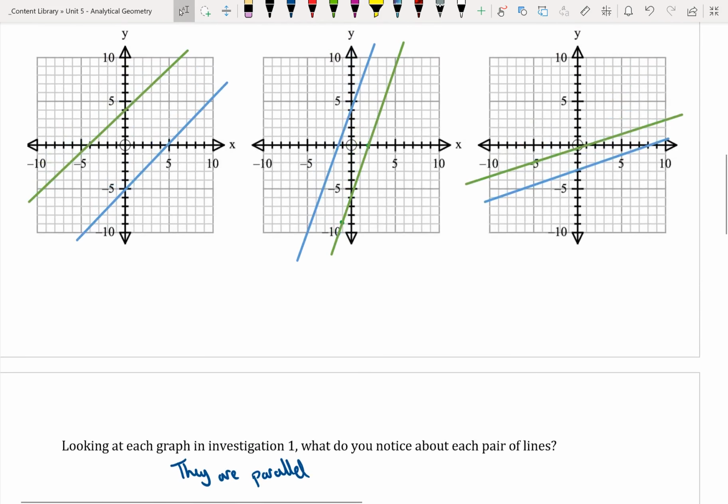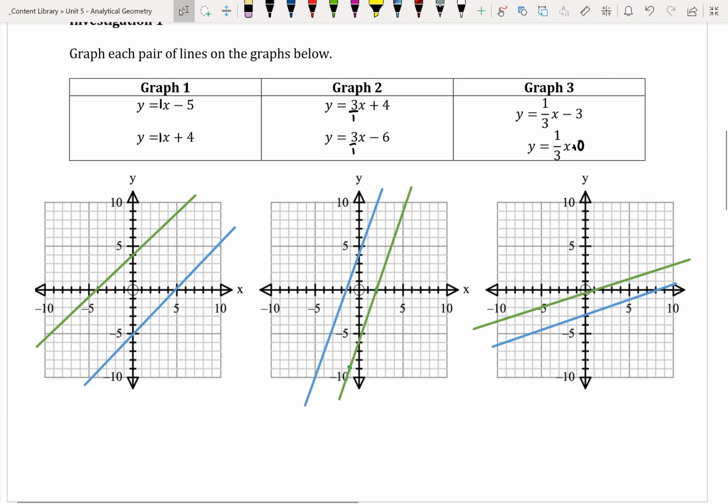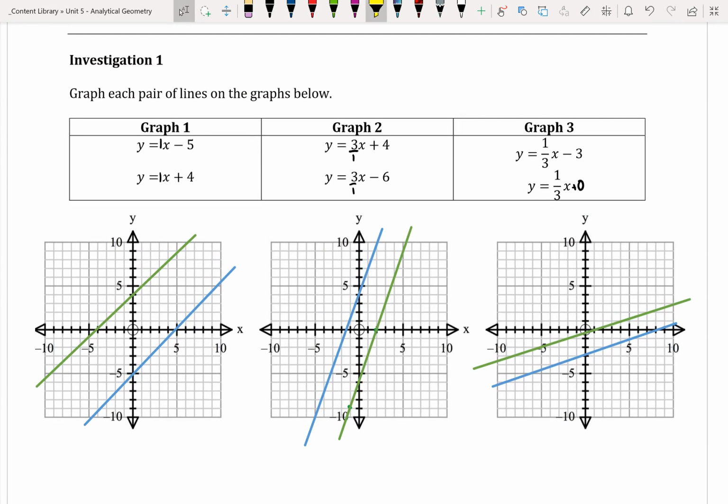Now what we want to do is look at each equation and see what we notice about the pairs. If I look at graph 1, what you should notice is that your slopes are the exact same. If we move on to graph 2, it's the same thing. The slopes are the same, and the same thing in graph 3.